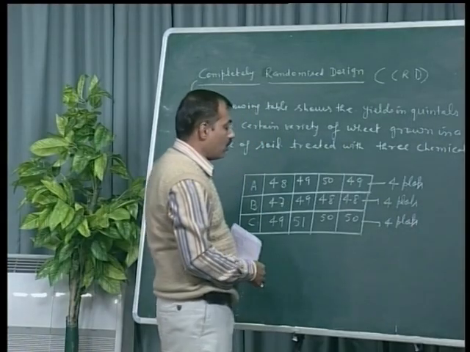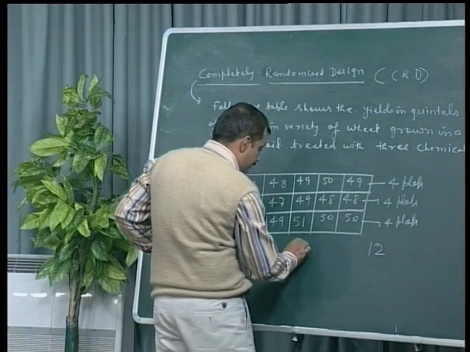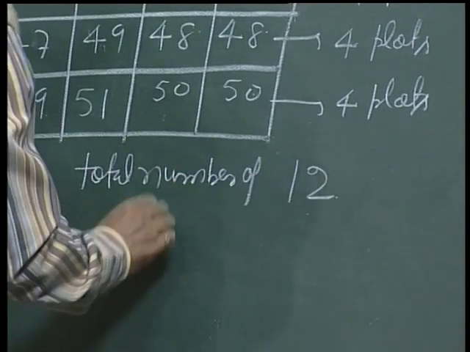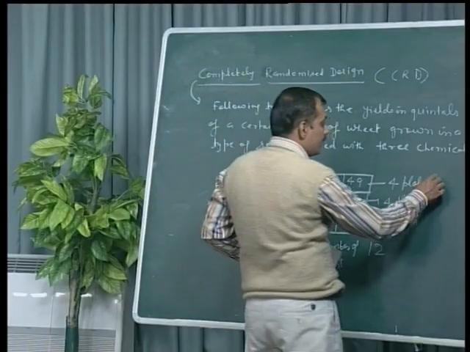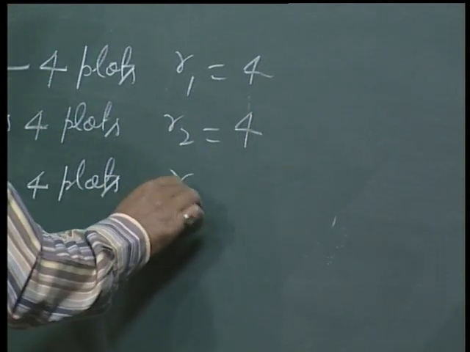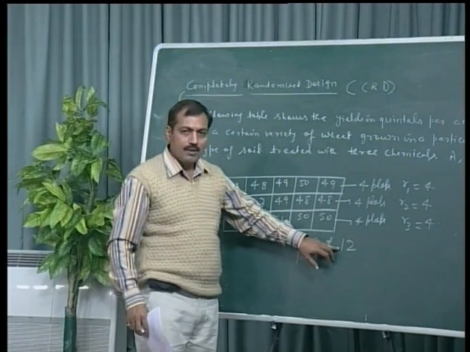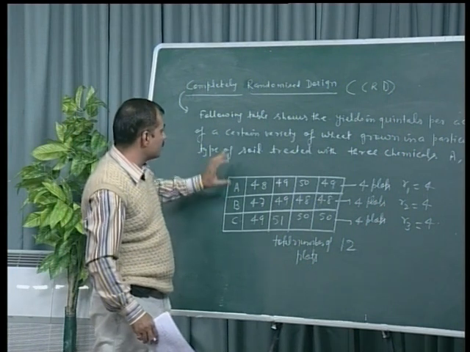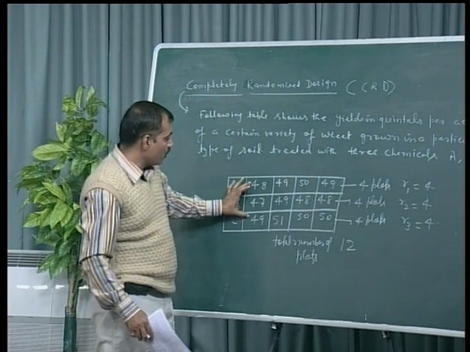So the total number of plots is 12, as R1 is 4, R2 is 4, R3 is 4. To know the effect of fertilizers on a particular variety of wheat, we get the following observations.